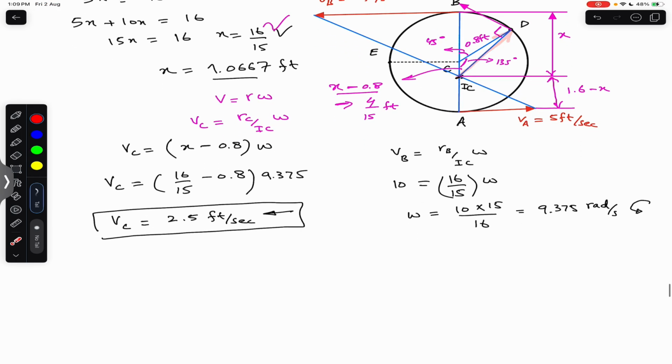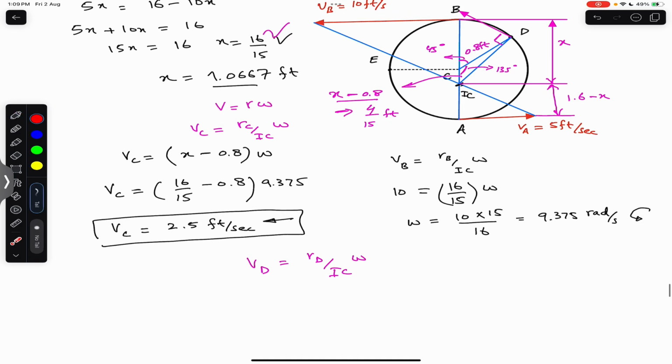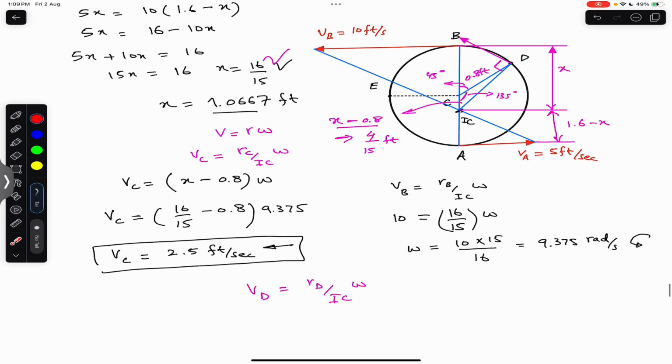Since we want to find VD, VD is equal to R of D instantaneous center times omega. We know omega, we need to find R of D, the magnitude of the position vector from the instantaneous center to that point D.